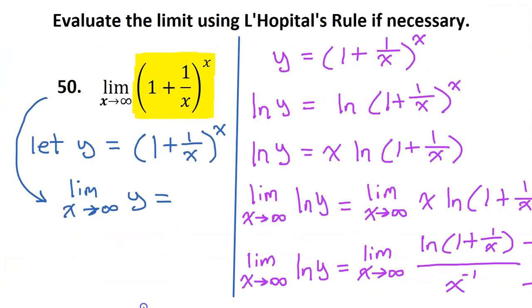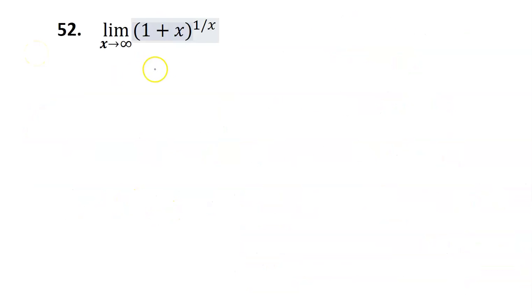Now look back, and that's exactly what we were trying to find, the limit as x approaches infinity of y. And we found it. And remember, this y really represents the entire initial expression, the initial function of which we were trying to find the limit. So we've done it.